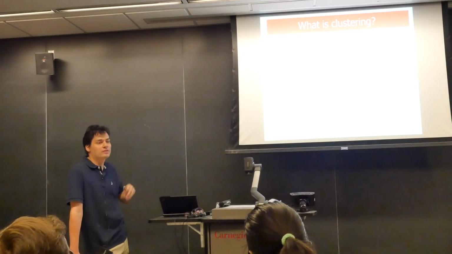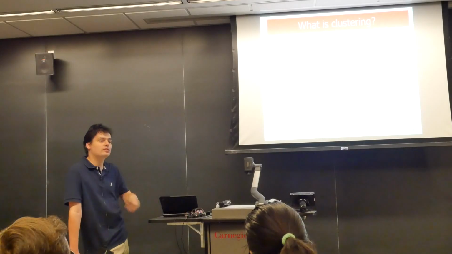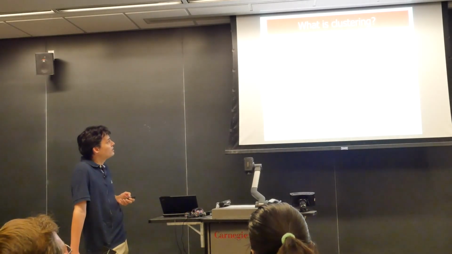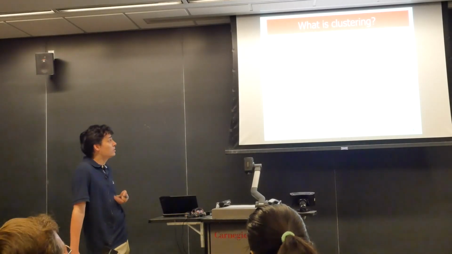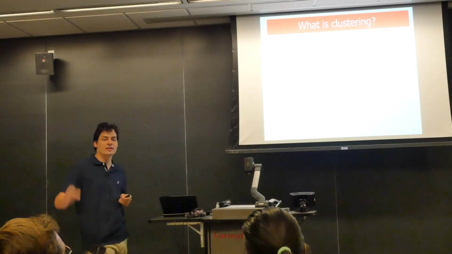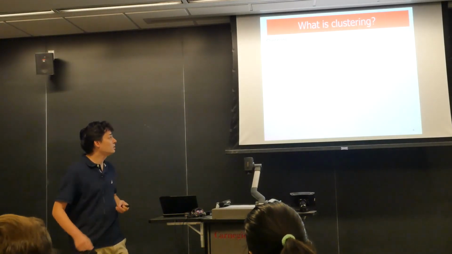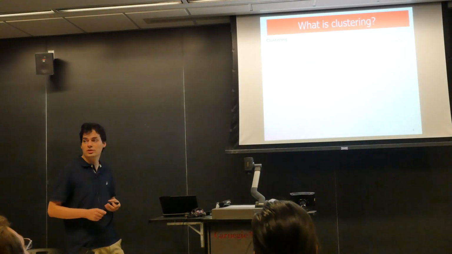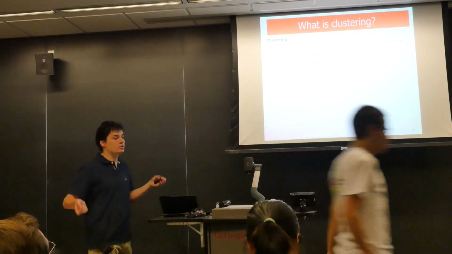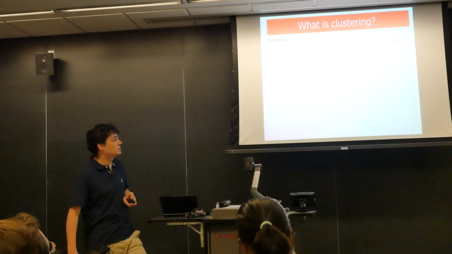If we have class labels, we call it classification. If you don't have class labels, still you want to do grouping, then we call this problem clustering. And what we want is that inside those classes or clusters, we want high intra-class similarity. So those objects that belong to the same cluster should be similar to each other. And those objects that are in different clusters should have low similarity.